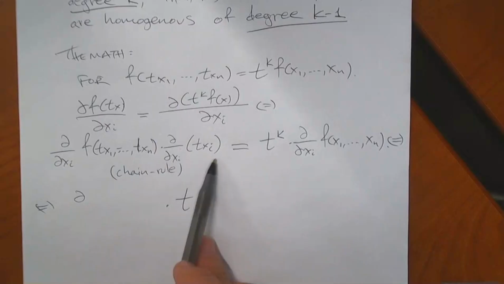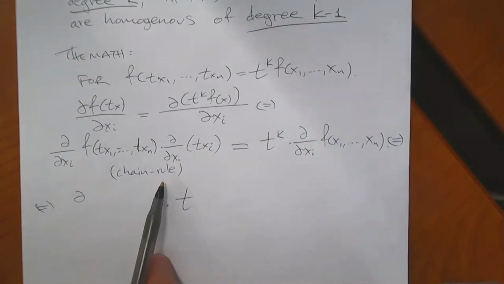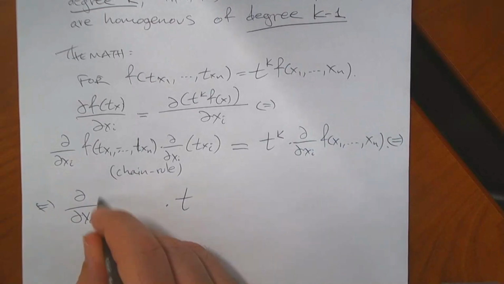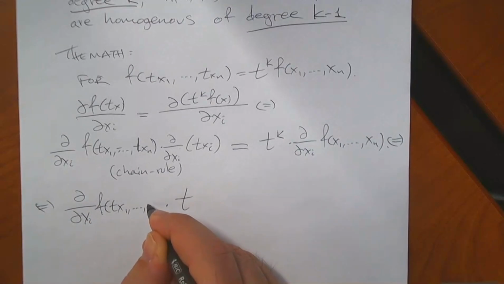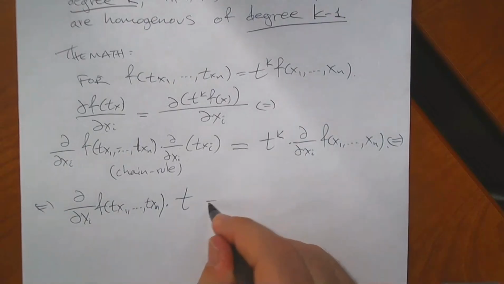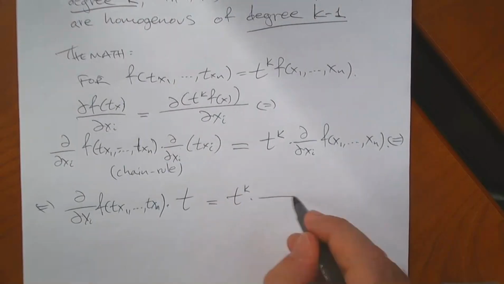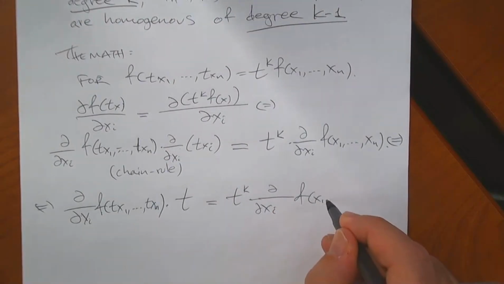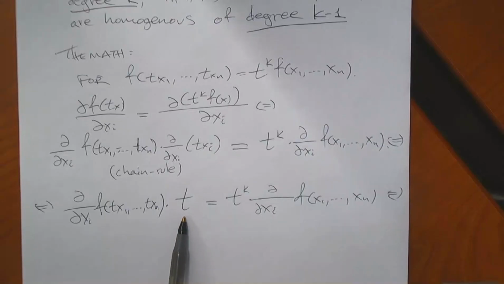This is the derivative that we took with respect to xi that gave us t. Over here, del xi, nothing happens. We can't do anything with this expression. You simply have the scaled up production function. On the right side, we still have the same thing: t to the power of k times del xi of f of x1 to xn. So nothing happened between these two lines. We simply translated this derivative into what we know that it is, t.